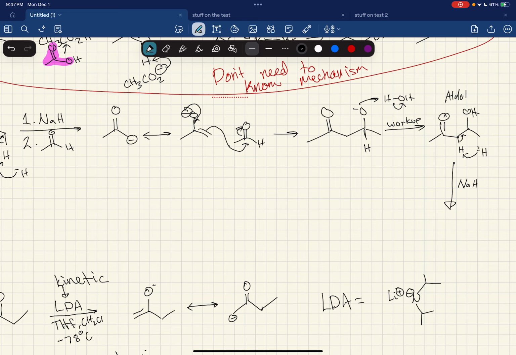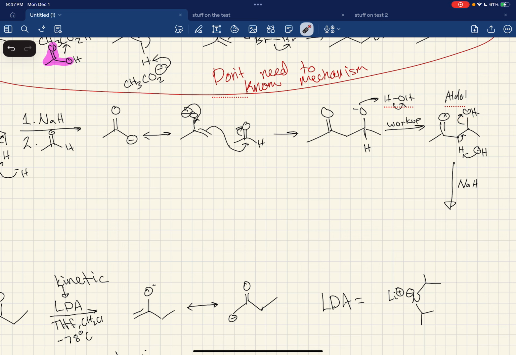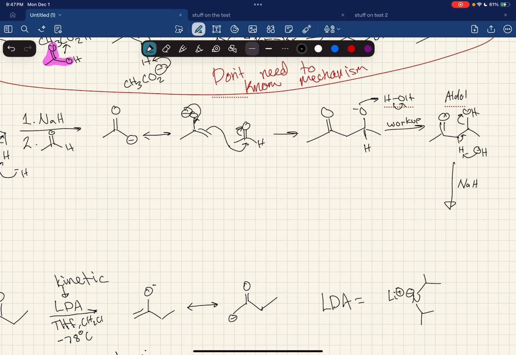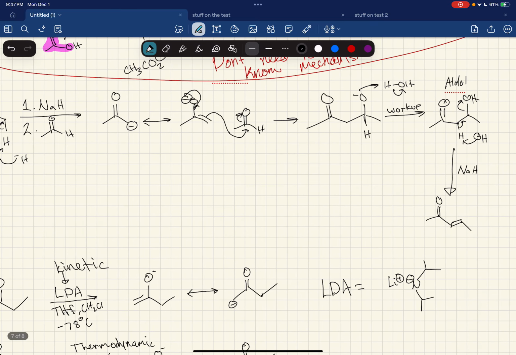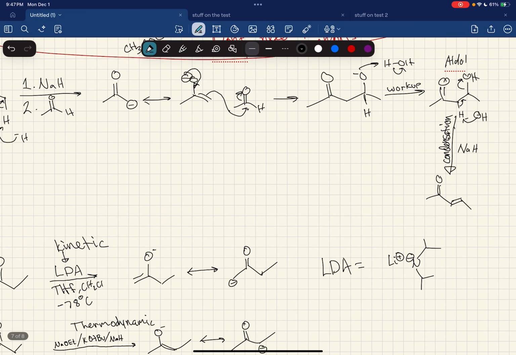And because the whole thing is in a pretty basic environment, you're actually going to make this OH a leaving group, which is not typically a good leaving group, and end up with this right here, which is the condensation. That was also in the homework. So go back and look at that recitation if that was too fast.